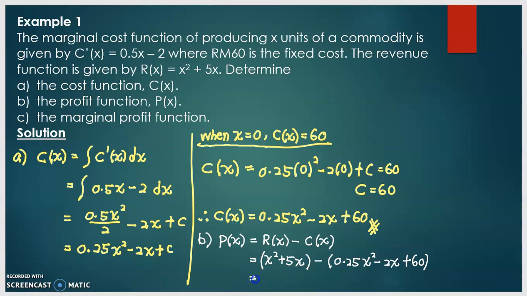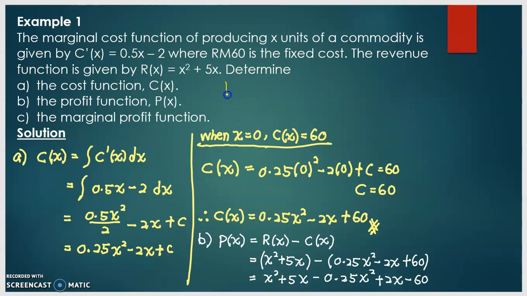Next step, I open out the bracket, which is X squared plus 5X minus 0.25 X squared plus 2X minus 60.